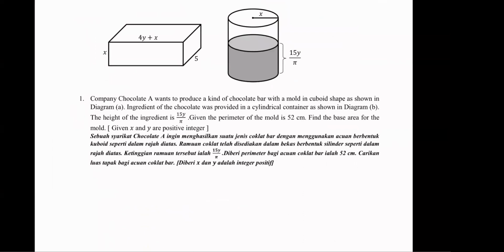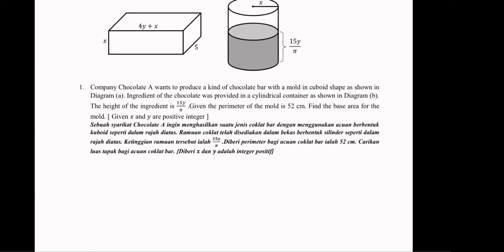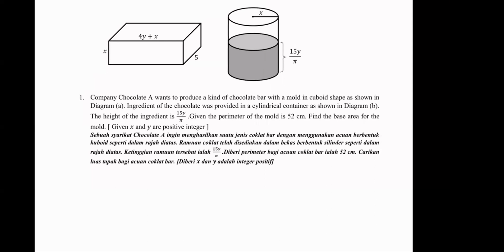Okay. So class, this one. Ready? Okay. Now the company A want to produce a kind of chocolate bar with a mold of cuboid shape.